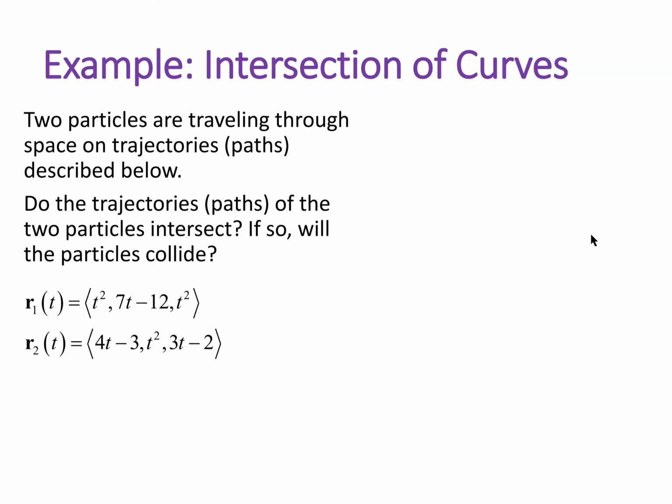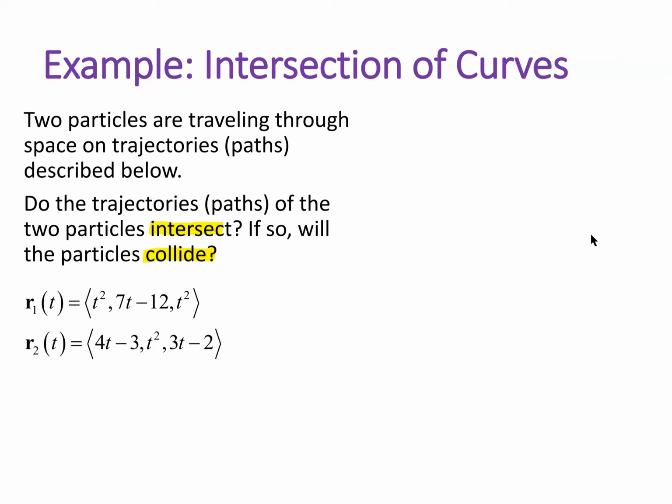So we're given our two vector valued functions, and these are our two trajectories. If we think about what it means for the paths to either intersect or collide, what we're thinking about is that the two particles go through the same point in space. They might go through that same point in space at different times, or they might go through the same point in space at the same time.